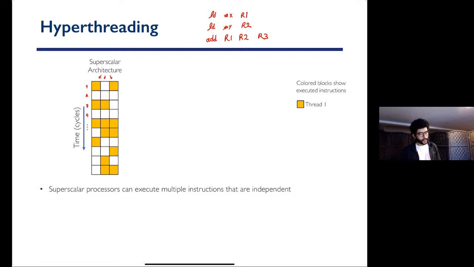Now, each one of these filled squares means that you're executing an instruction in this example. And empty cells mean that you're not using this resource because you can't.